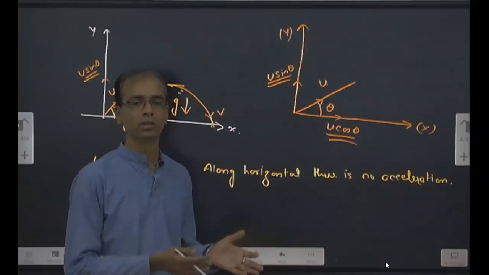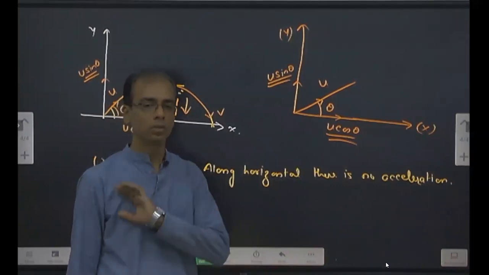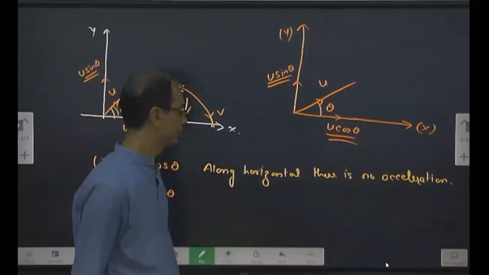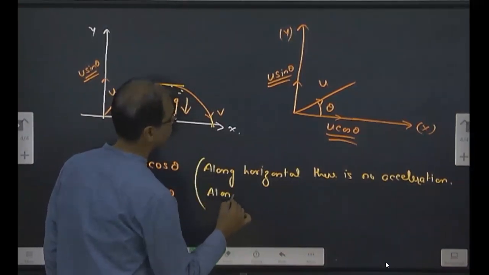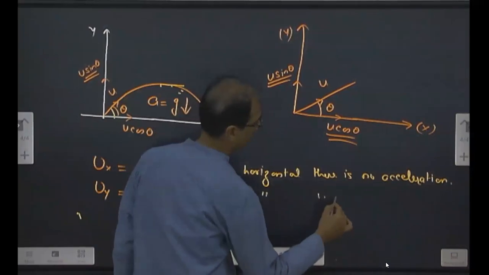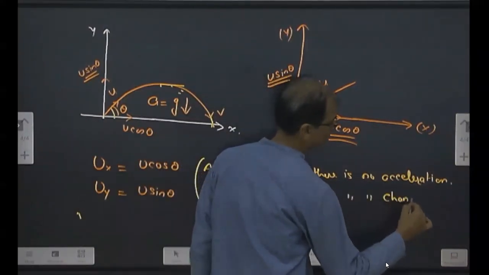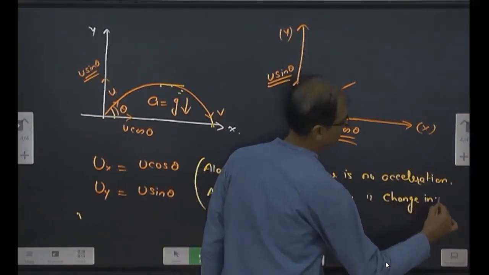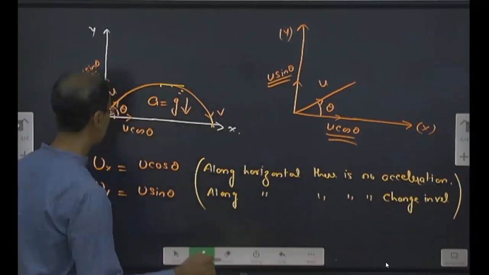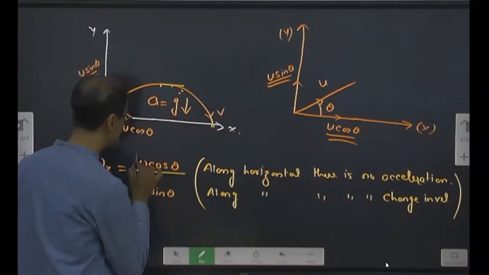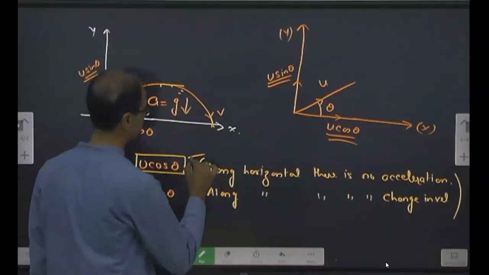If acceleration is 0, change in velocity is 0. So along horizontal there is no change in velocity. That means u cos theta will remain constant.